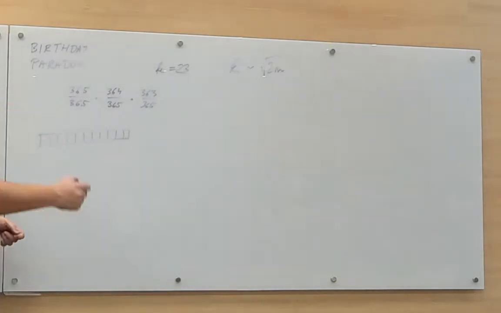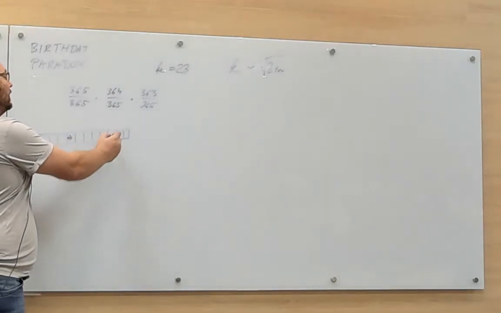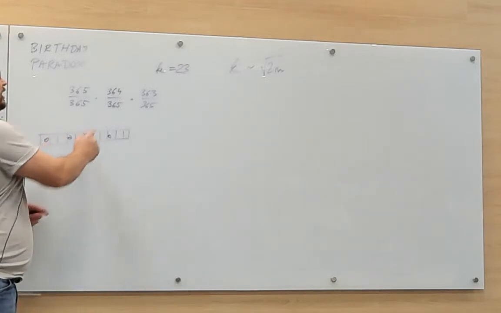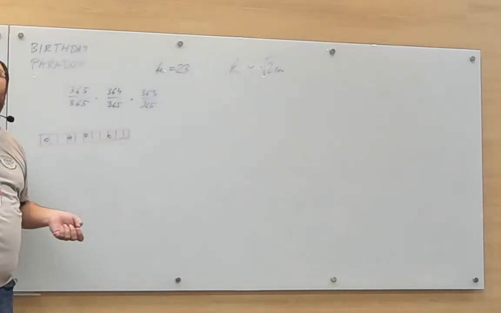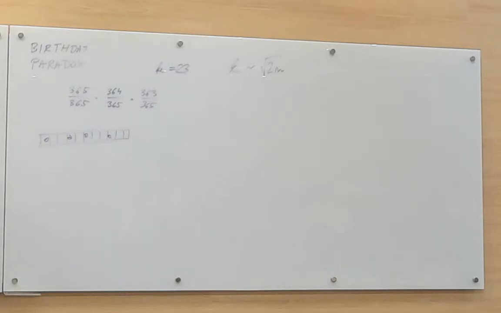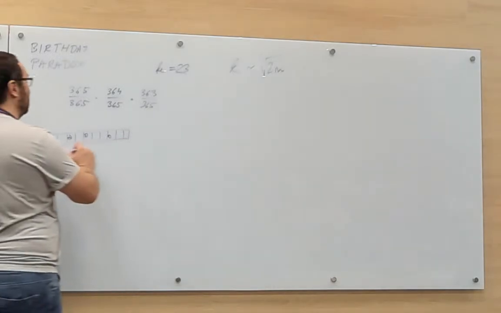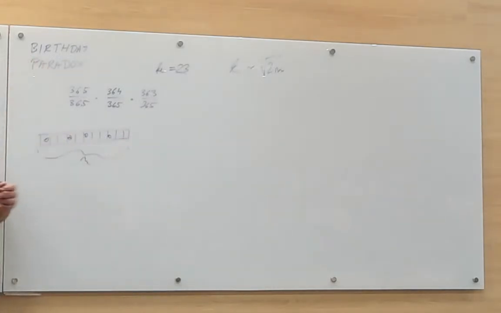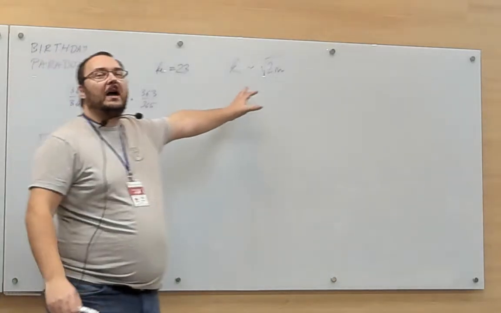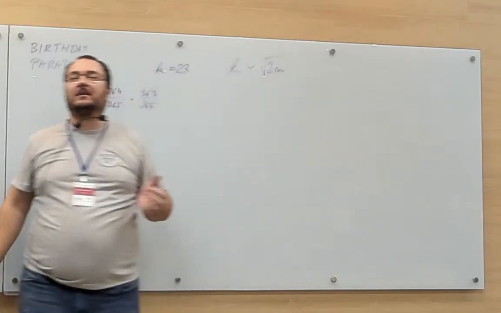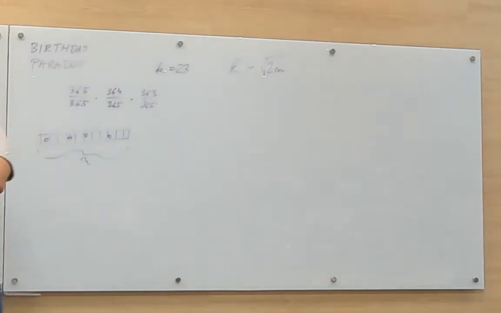As you are adding people into the room, you are distributing the items into the hash table. Each person will fall into the bucket for their own birthday. And what we are saying is that if the size of your hash table is n, then already around square root of n inserted elements, it is more likely that there is at least one collision than there is no collision at all.